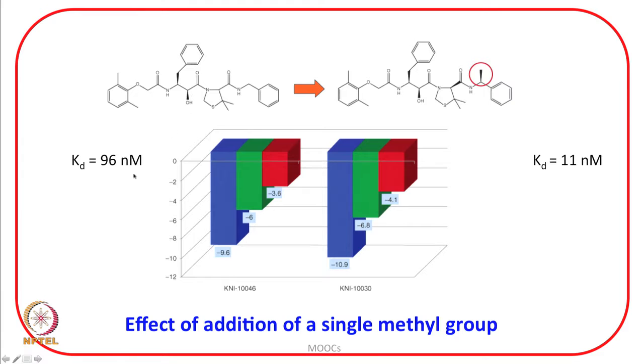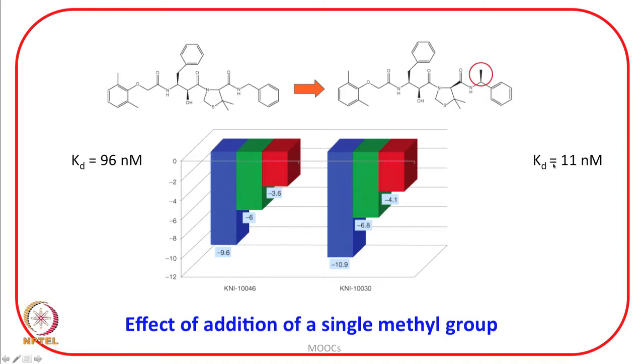The binding of this molecule is associated with a Kd value of 96 nanomolar. One can write Ka, which is 1 over 96 nanomolar inverse. And the binding of this is 11 nanomolar.